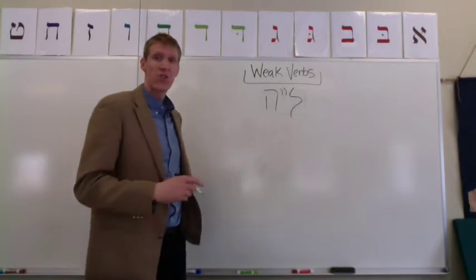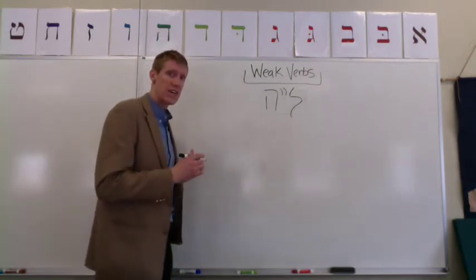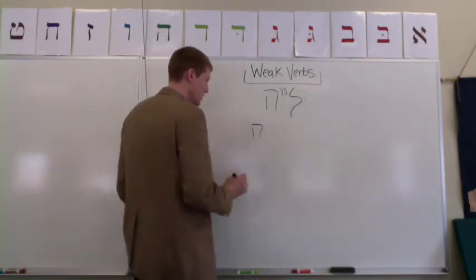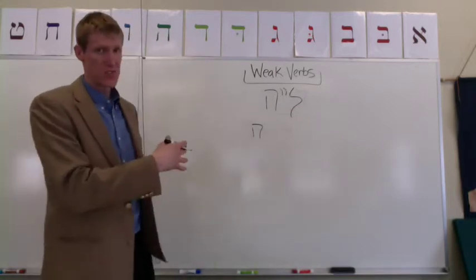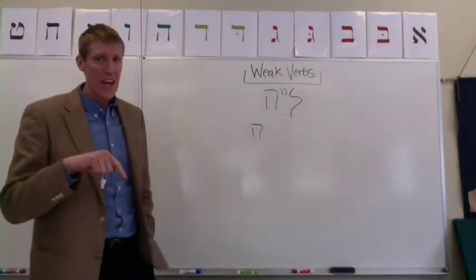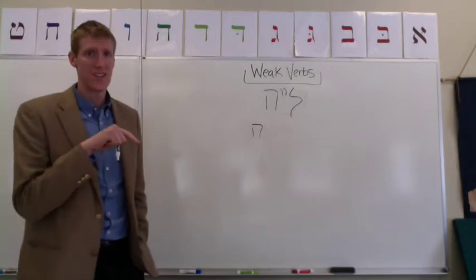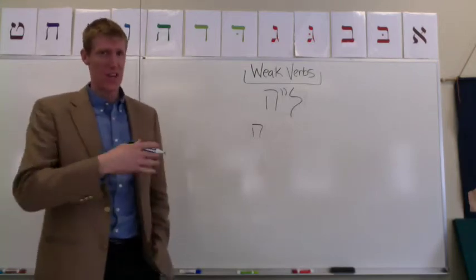In addition to that, you'll have a unique ending, that the hey, as I just was saying in number 4, often will turn into a tav. It does this in other places too.